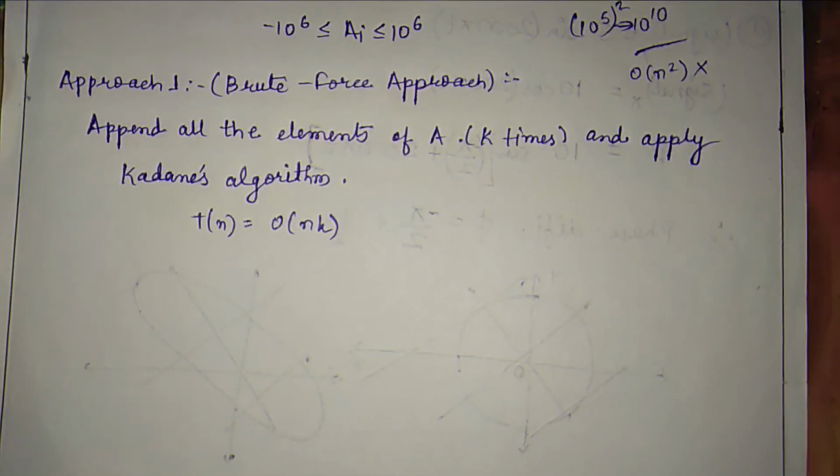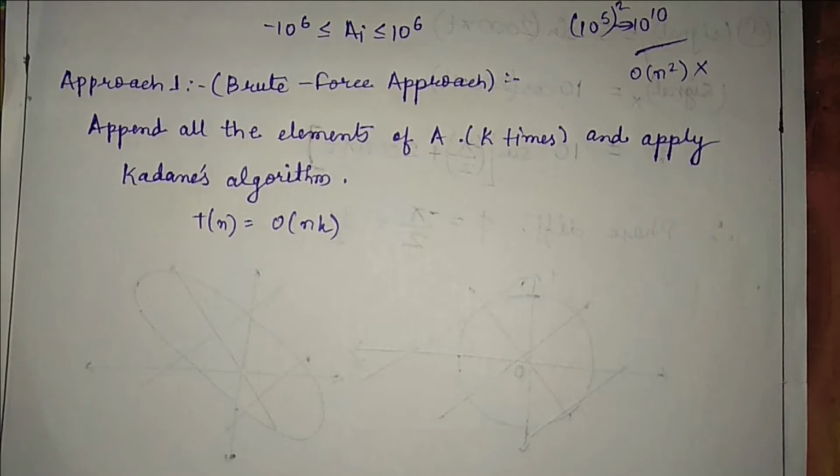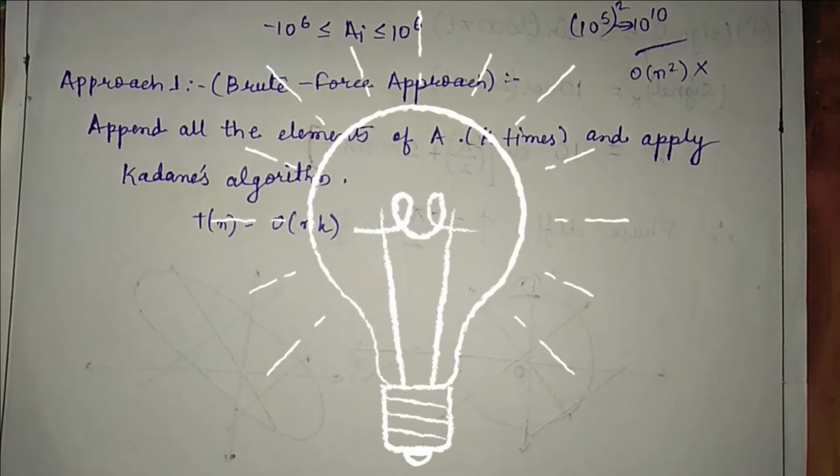So what the brute force approach says is that, as the problem says, we are given an array and we will append the array k number of times as suggested in the problem, and after that we will calculate the maximum sum subarray using Kadane's algorithm. If you analyze it, you will come to know that the time complexity of this algorithm will be big O of n multiplied by k.